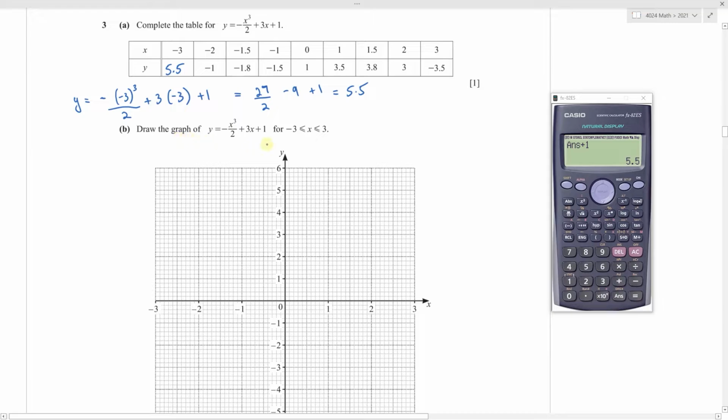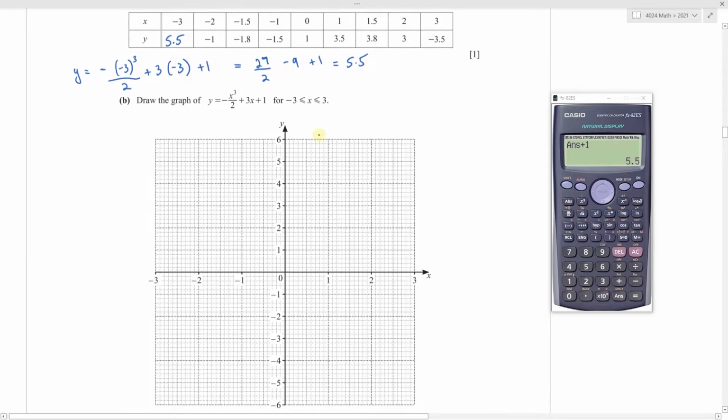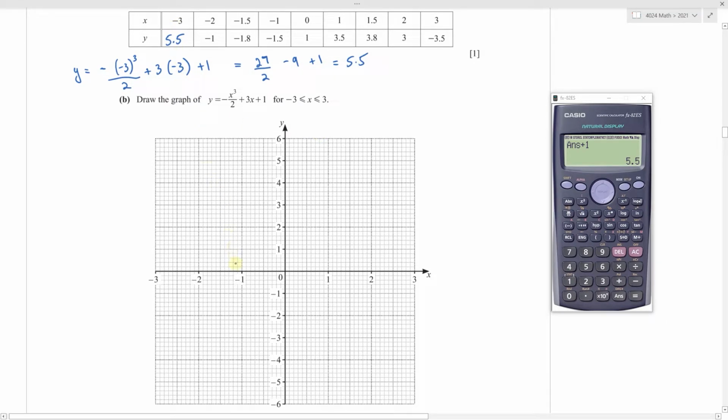Part B is you have to draw the graph for the given range here, between x minus 3 and 3. So let's plot the points first. Minus 3 and 5.5: each small block represents 0.2, so 5, 5.2, 5.4, and 5.5 will be in the middle, between 5.4 and 5.6.